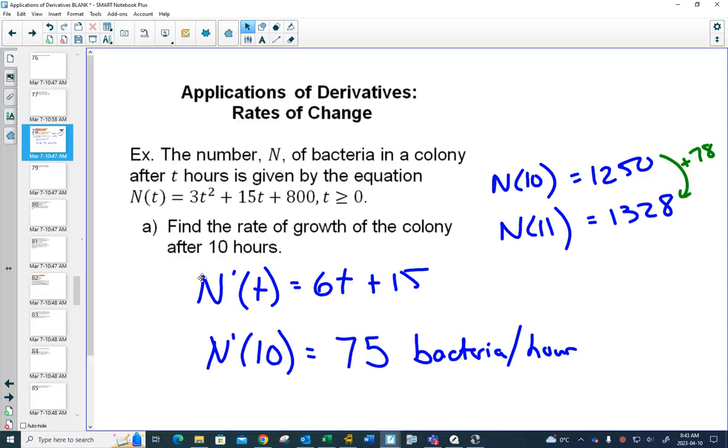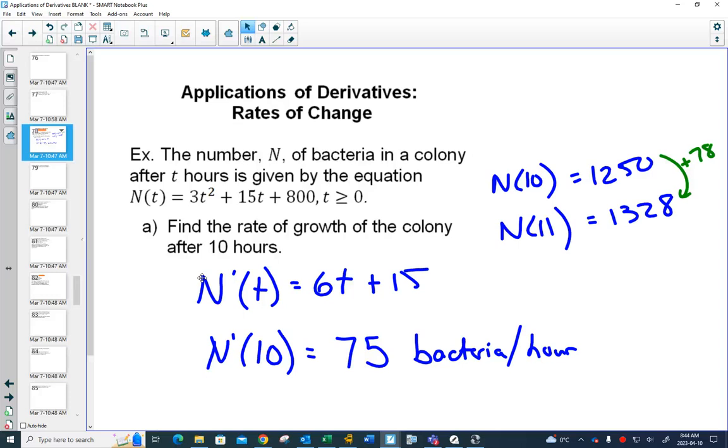But that estimate right now, the derivative right here, is finding like an instantaneous rate of change right at 10 hours. At that moment, it was increasing at 75 bacteria per hour. So we could use this to say, I would estimate that from hour 10 to hour 11, it would go up by 75.